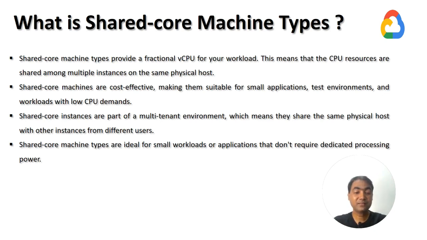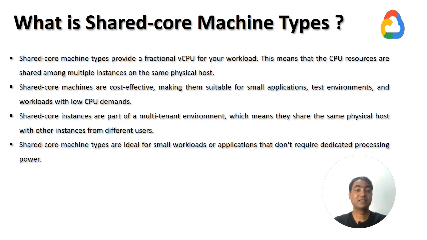They are designed for lightweight workloads that do not require the full power of a dedicated vCPU. They are ideal for scenarios where cost optimization is a priority and the workload can operate effectively with limited CPU resources.